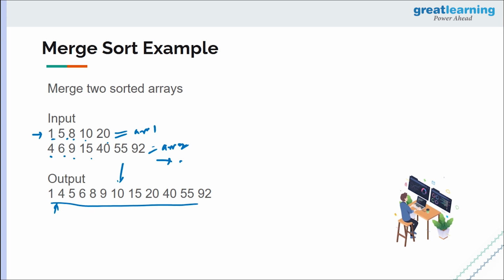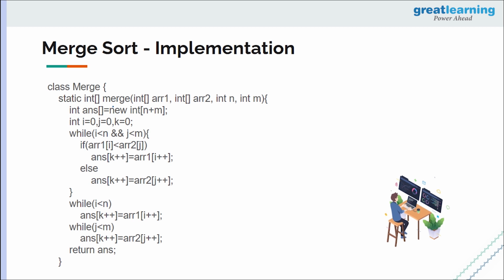So how can you solve this? What we are going to do is create a class and name it merge. In this, we have one method which takes in arguments, that is your first array ARR1, ARR2, and then the size of these arrays, that is n and m, which is nothing but the size of ARR1 and size of ARR2 respectively.